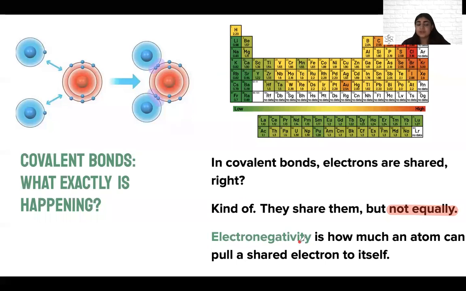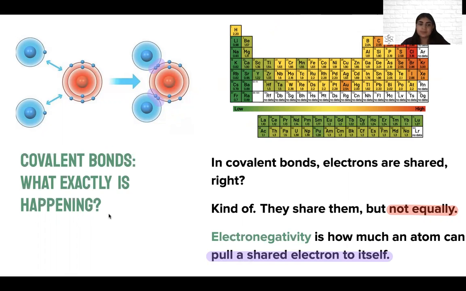Electronegativity determines who gets the electrons more time, basically. Electronegativity is the measure of how much an atom can pull a shared electron to itself. The higher the electronegativity, the more that the electron is going to be pulled to that atom.